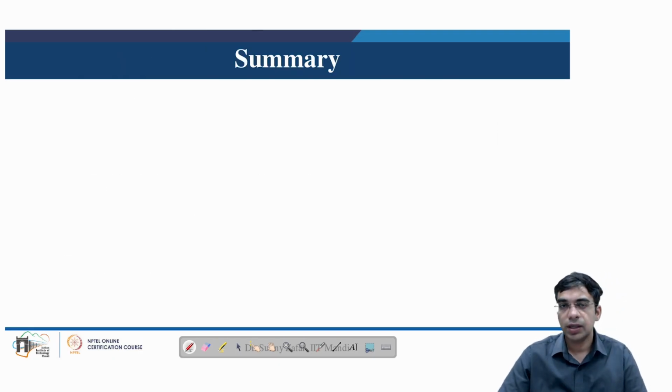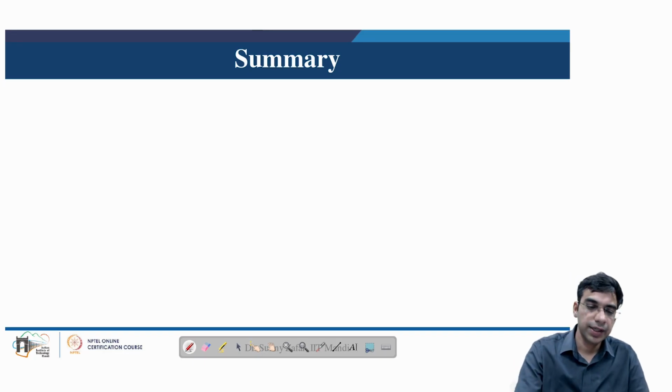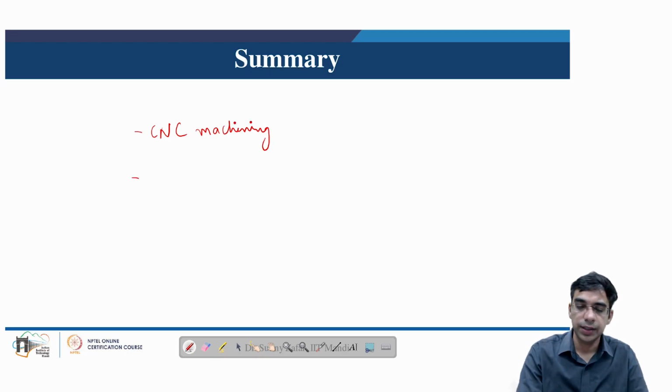With this we come to the end and we will now summarize what is covered in this lesson. In this lesson we have seen the basics of CNC machining. We have seen how CNC machining is utilized for carrying out machining operations on all the turbines. We have seen the advantages of CNC machining.